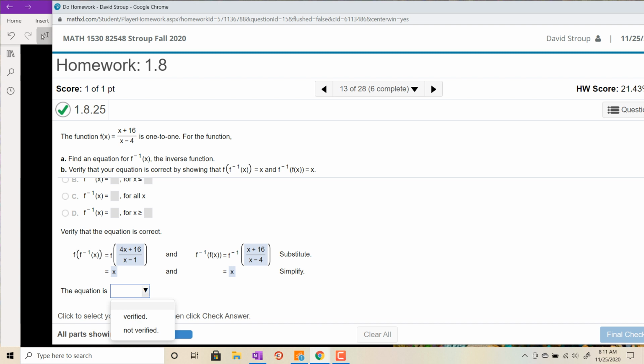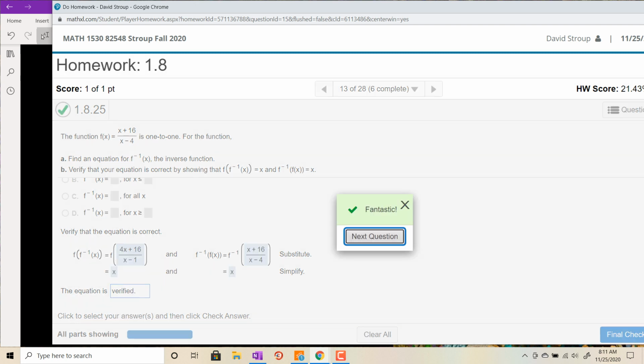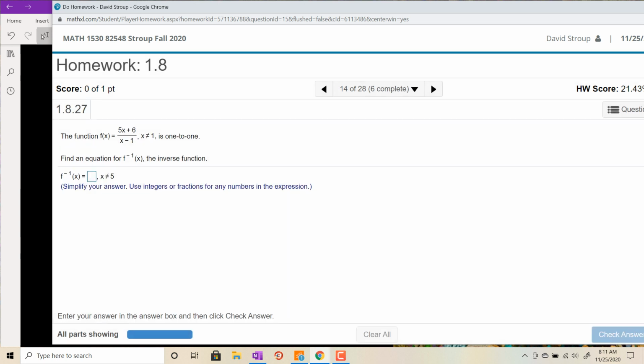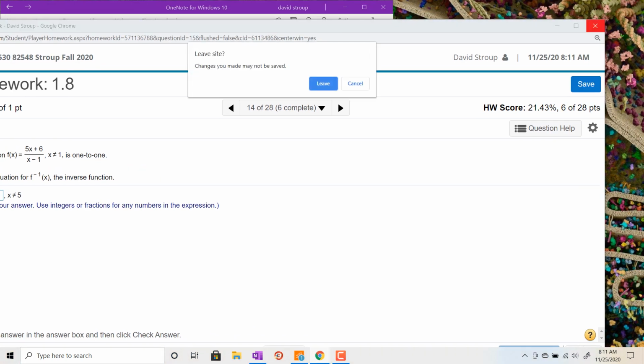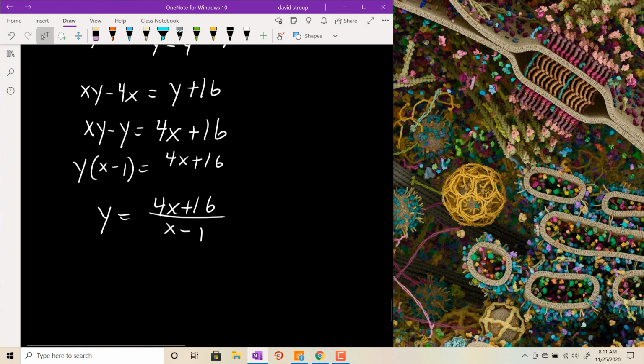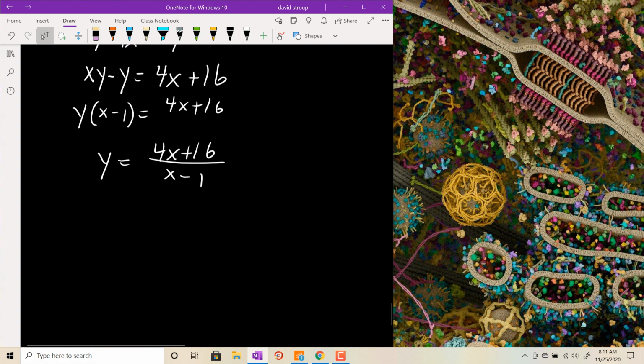The equation is verified. Final check. Okay, so stuff like that. Here's another problem like that. Okay, so I think that's pretty much what you're up against for that section. All right, so let's mosey on to chapter 2.